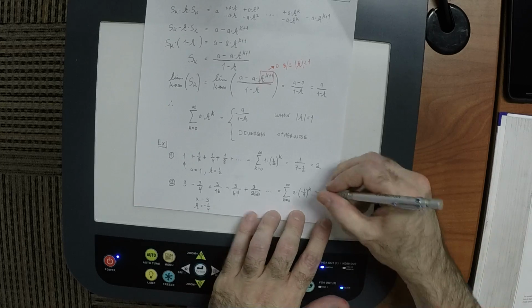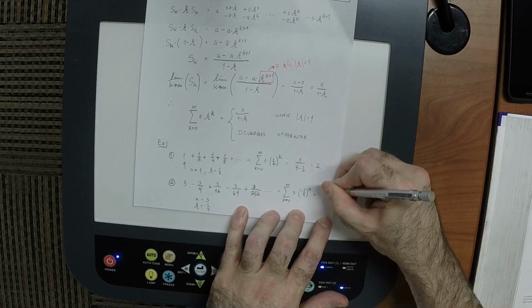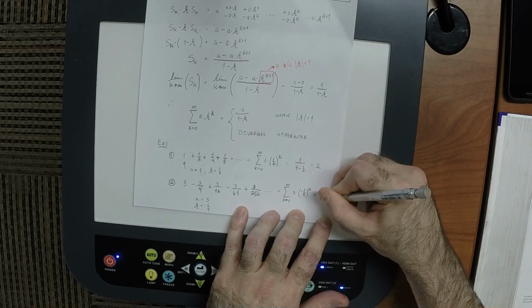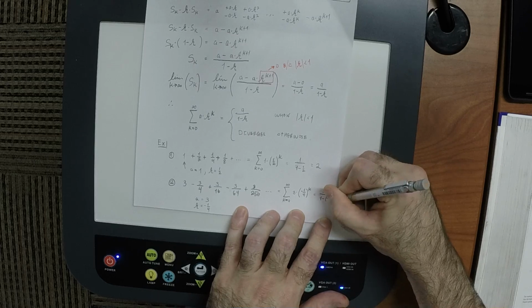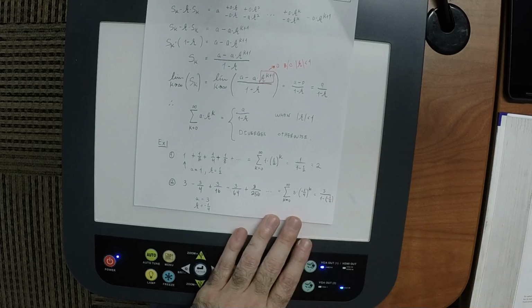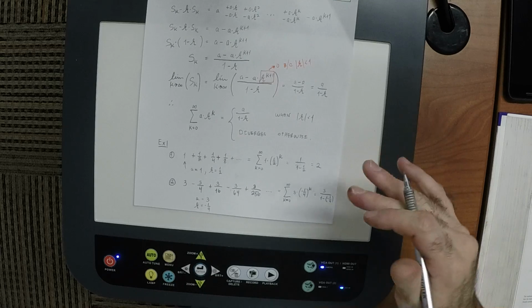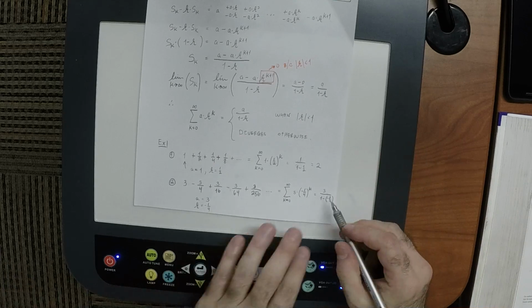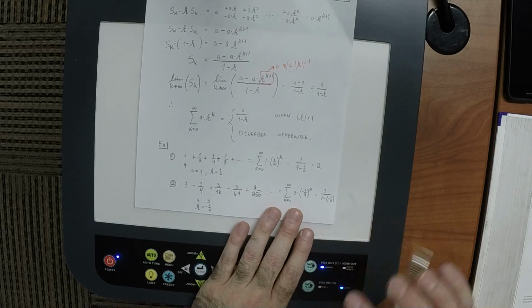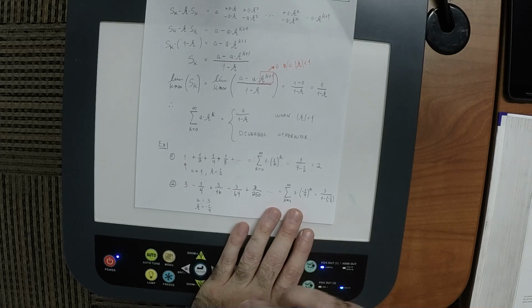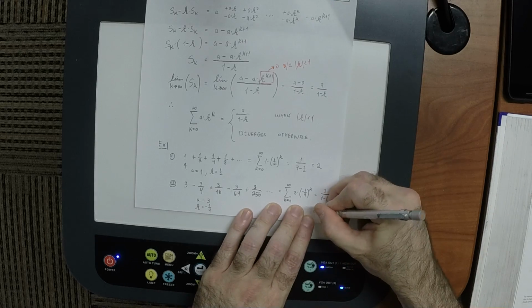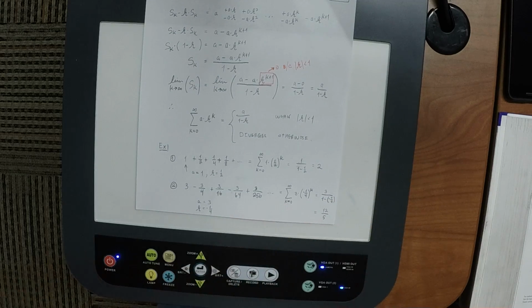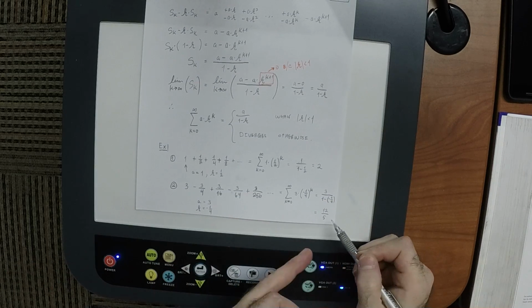So does it converge? Yes. It converges to a over 1 minus r. So 1 minus negative a fourth, which is to say 3 over 1 plus a fourth. So 1 plus a fourth, that's 5/4, right? And then division by 5/4 is the same as multiplication by 4/5. So this would be 12/5. So if you did this crazy thing, then you'd end up with 12/5 of a pitcher.